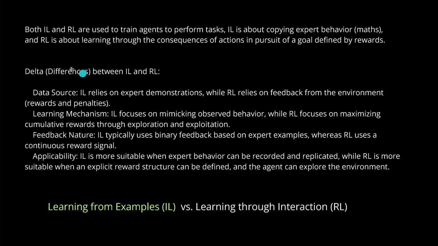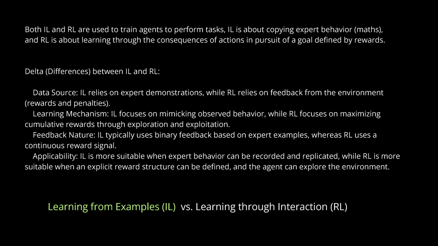So again, what is the delta between those two? It is important that we make this absolutely clear. Imitation learning relies on expert demonstration, while reinforcement learning relies on feedback from the environment. Reward, penalty. Imitation learning focuses on mimicking observed behavior. How to solve a mathematical equation. What is the exact way?